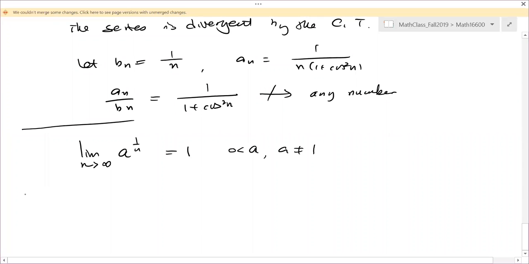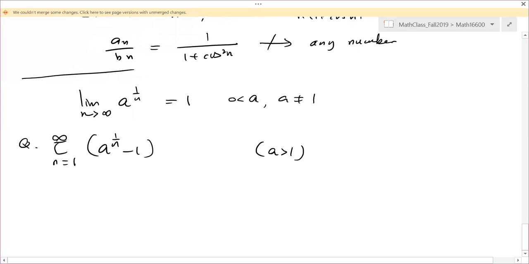But how about this series, a to the 1 over n minus 1? You can assume that a is greater than 1. It doesn't matter, it's not a big deal. Do you think it's convergent or not?